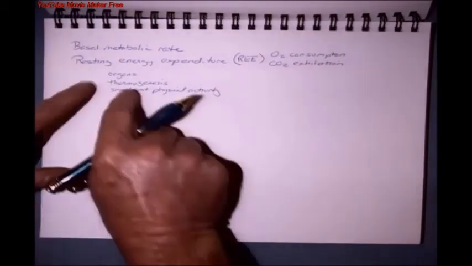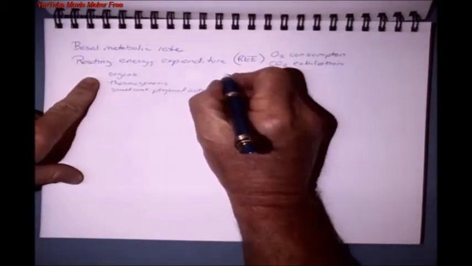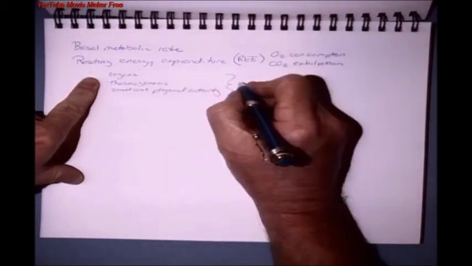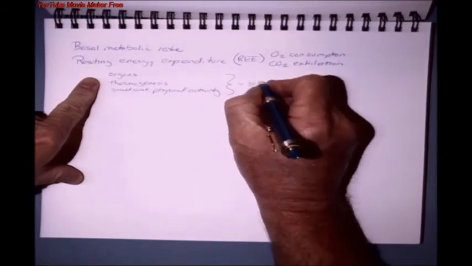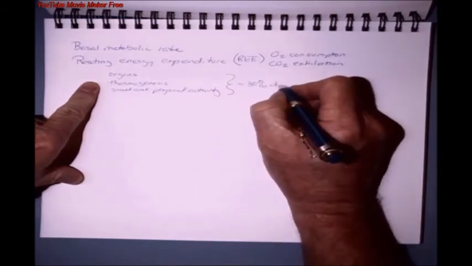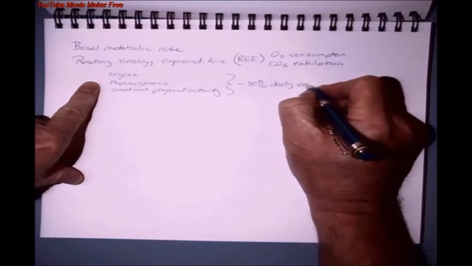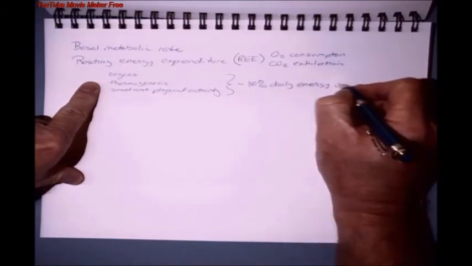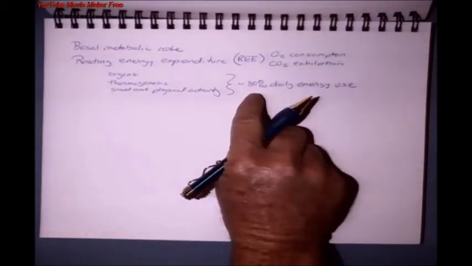If we look at all of this, it amounts to approximately 80% of our daily energy use. 80%. For those of you who are more physically active and do some hardcore exercise, this percentage of your daily use is going to go down because your physical activity is offsetting that.